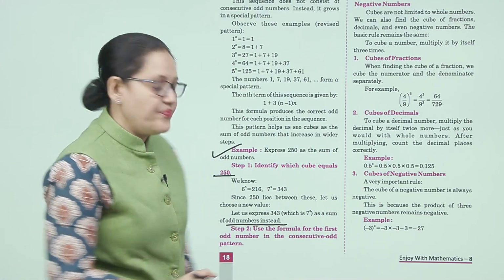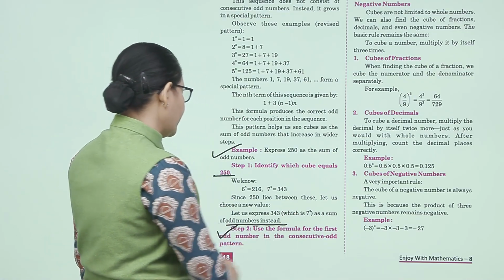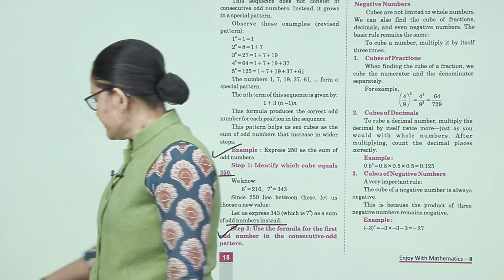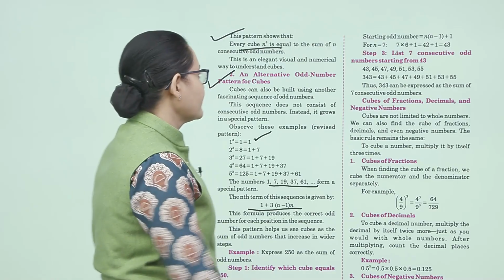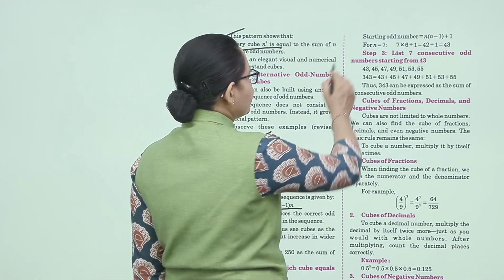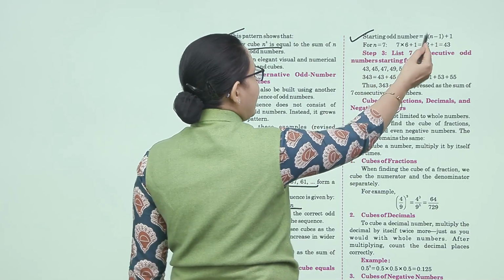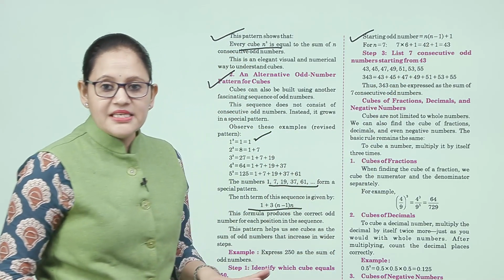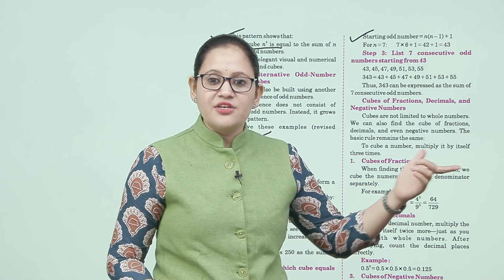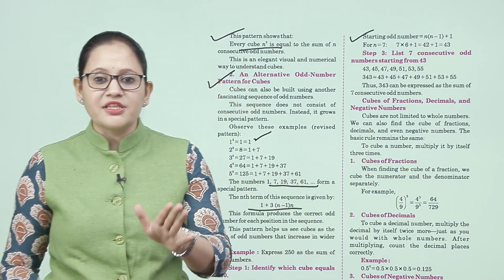Now, step 2. Use the formula for the first odd number in the consecutive odd patterns. So, first we will see the pattern starting from the odd number n times (n minus 1) plus 1. Here n is equal to 7. So, 7 into 6 plus 1, 42 plus 1, 43.